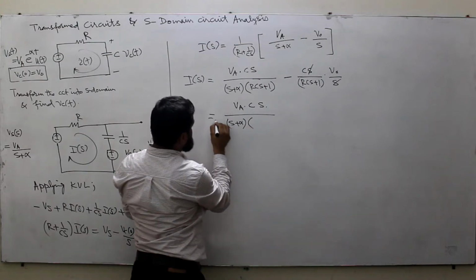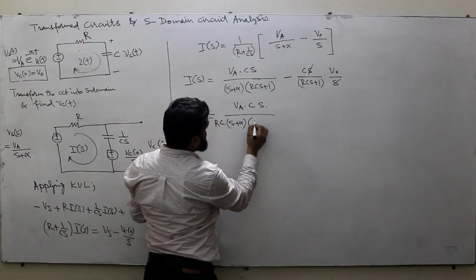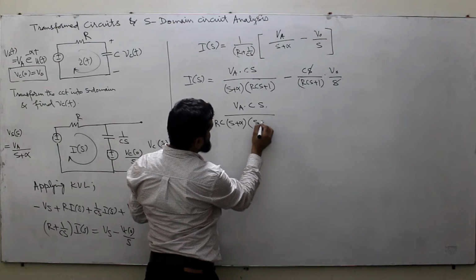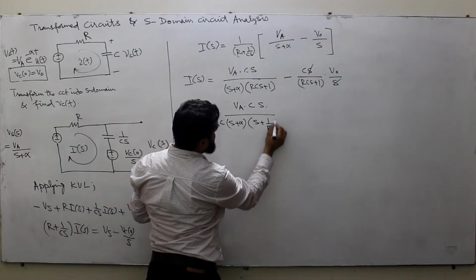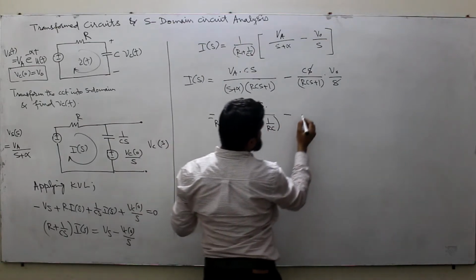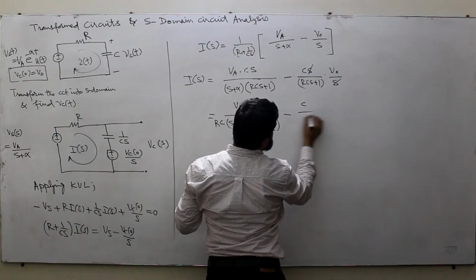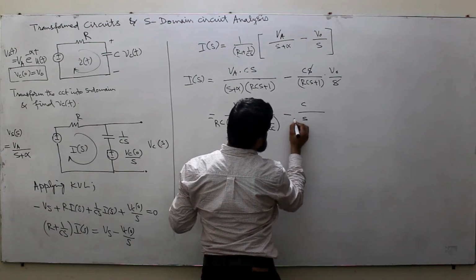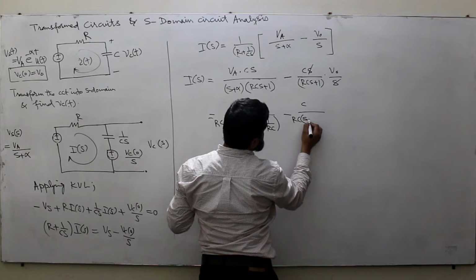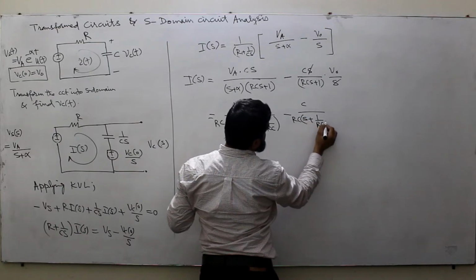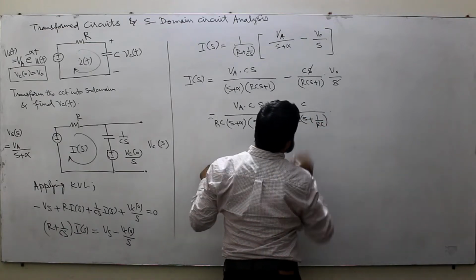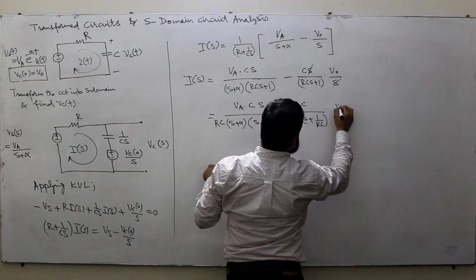What is left is S plus 1 over RC minus, similarly we will take RC common here, S plus 1 over RC into V naught.